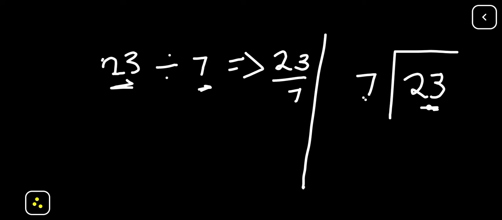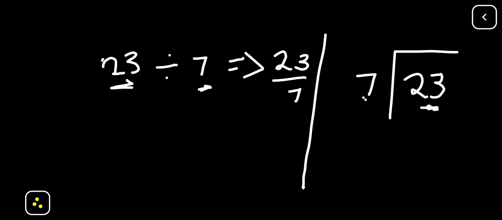Okay? 7 times 1 is 7, so that is not enough to get you 23. 7 cannot divide 23 completely without any remainder, so we are looking for something close to 23.